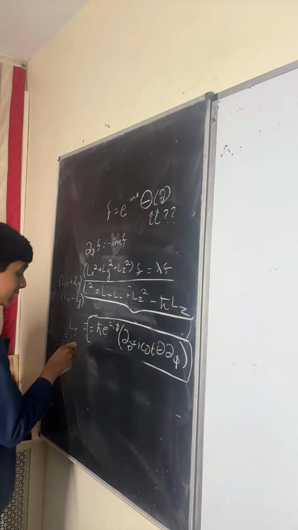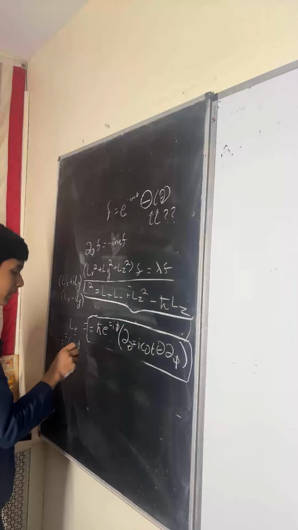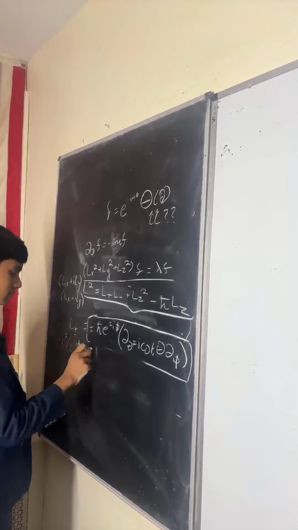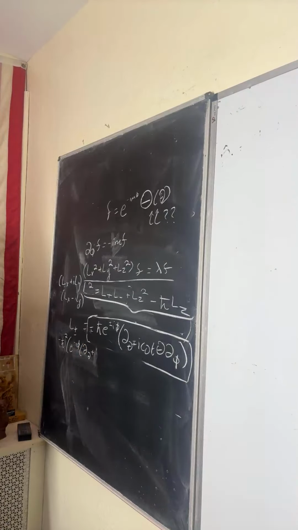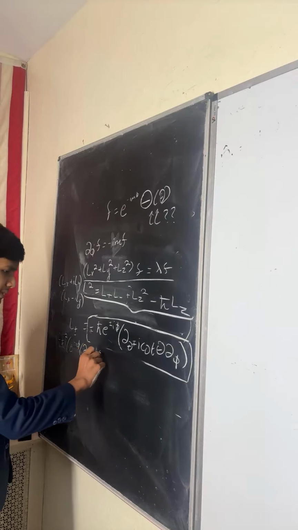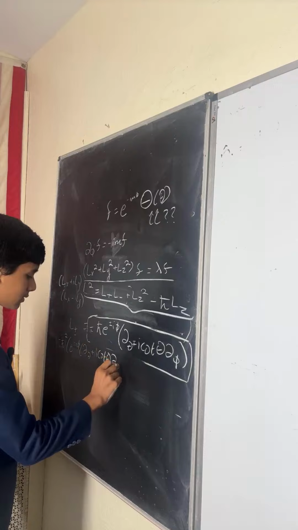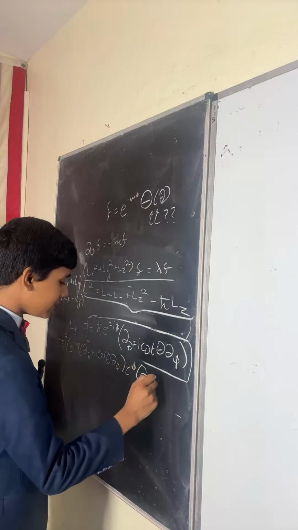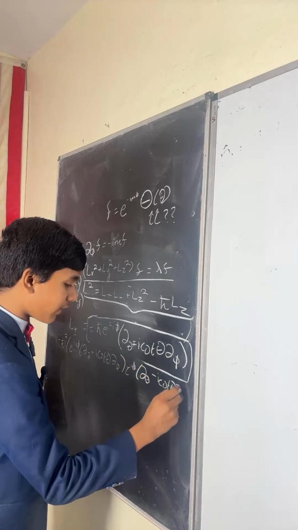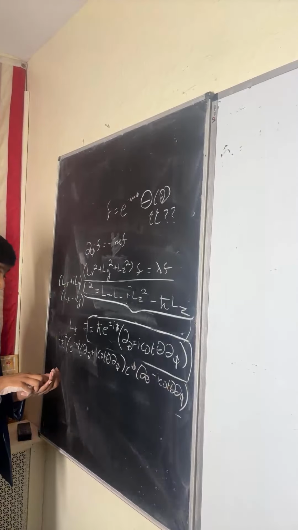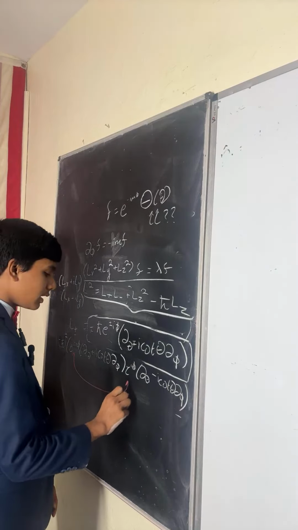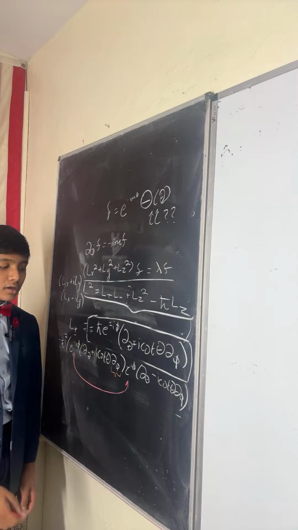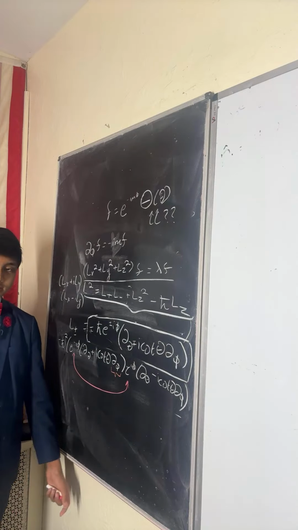E to the minus i phi multiplied by partial theta minus, let me just check which order they're in, plus i cotangent theta partial phi, e to the i phi partial theta minus i cotangent theta partial phi. Now the dangerous thing is, it's very tempting to cancel these two out, but this right here is an operator that acts on e to the i phi. You can't drag it out that easy because this thing is still acting on it.